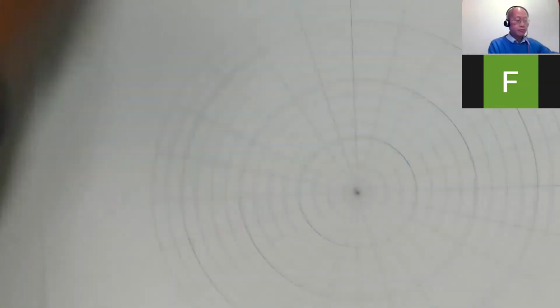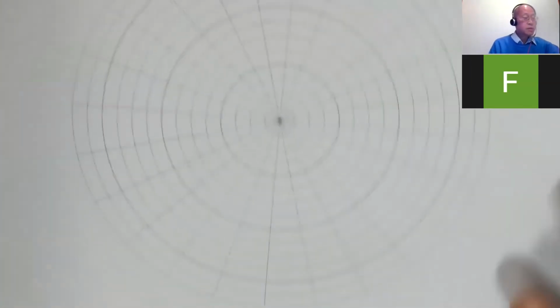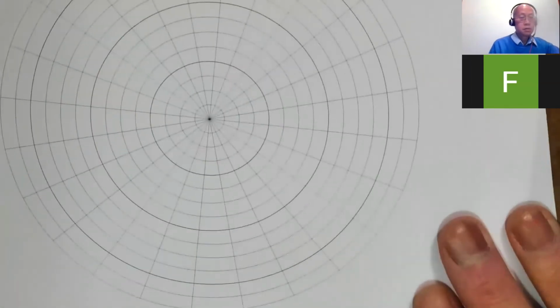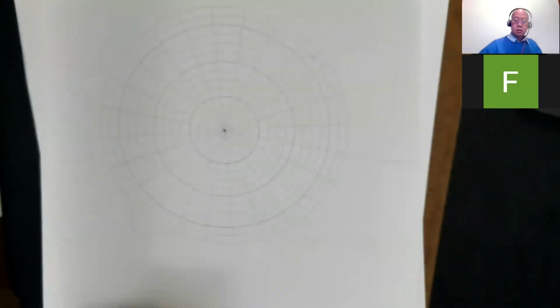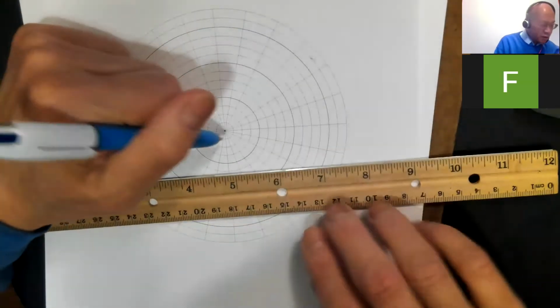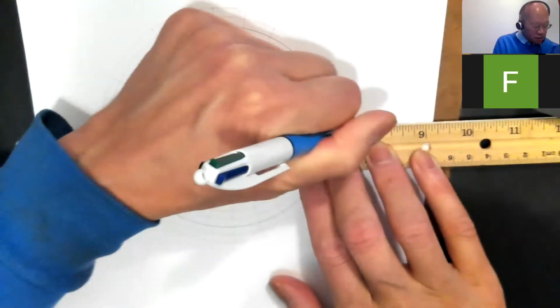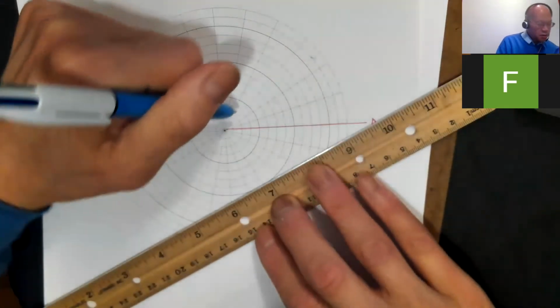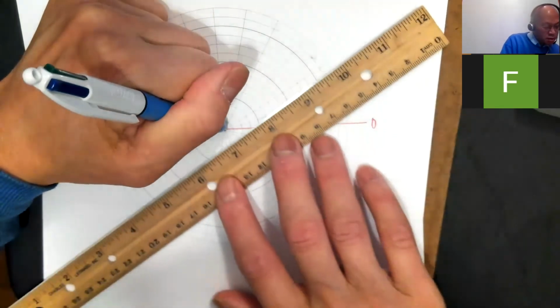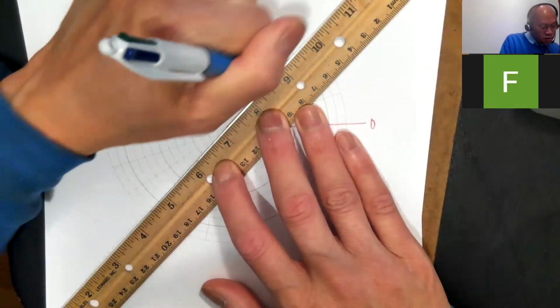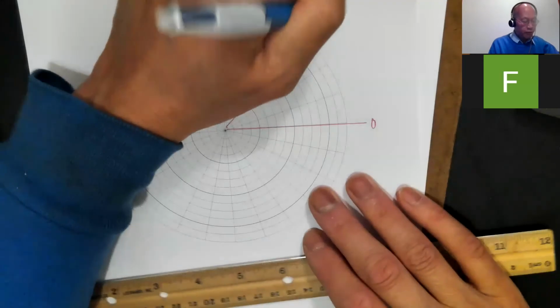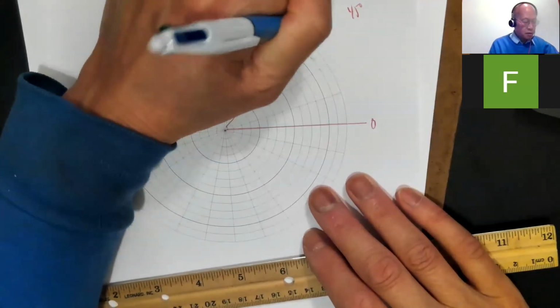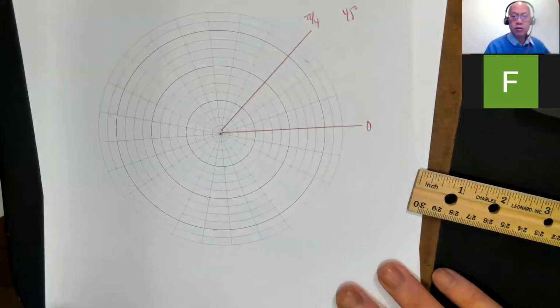We have a 4 theta involved. So take one of these things. So I'm starting you up with a little bit of it. Here's 0. Here's 45 degrees, pi over 4.